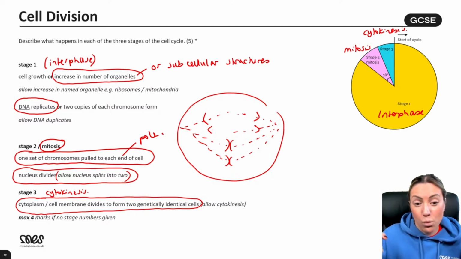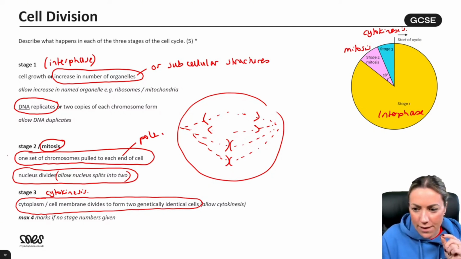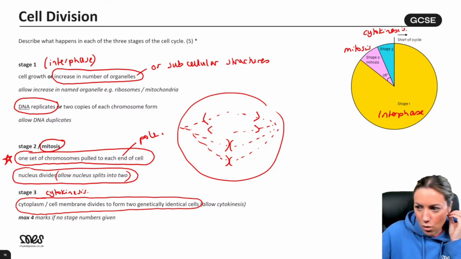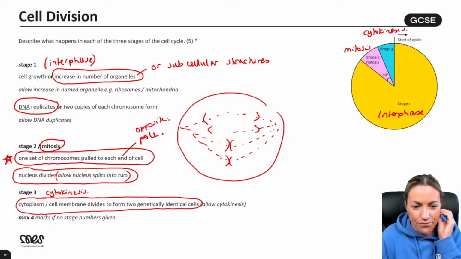And the best way to word it, because it has come up a few times and students get quite muddled, the best way to word it is this: one set of chromosomes is pulled to each opposite end or each opposite pole. Okay.